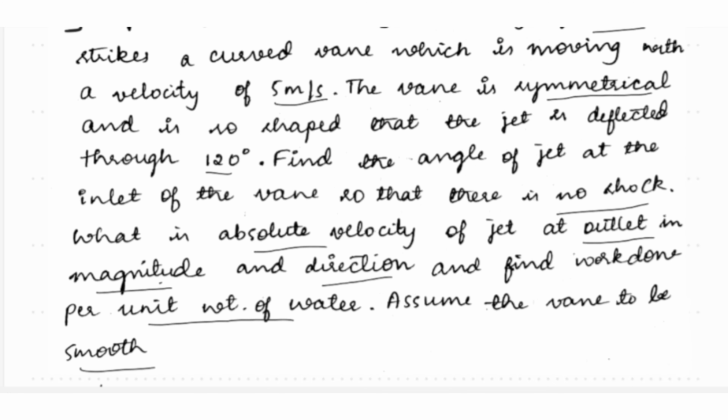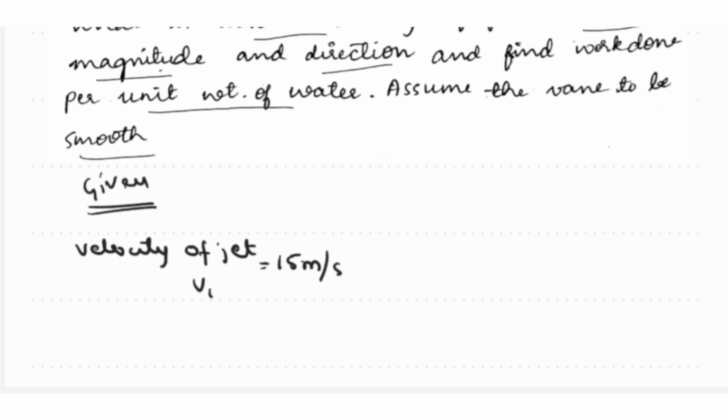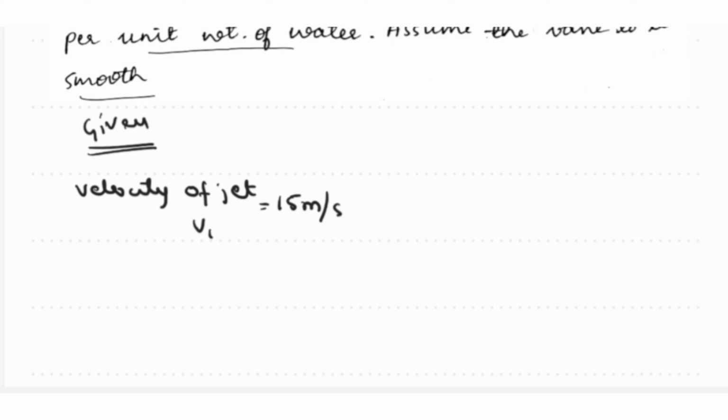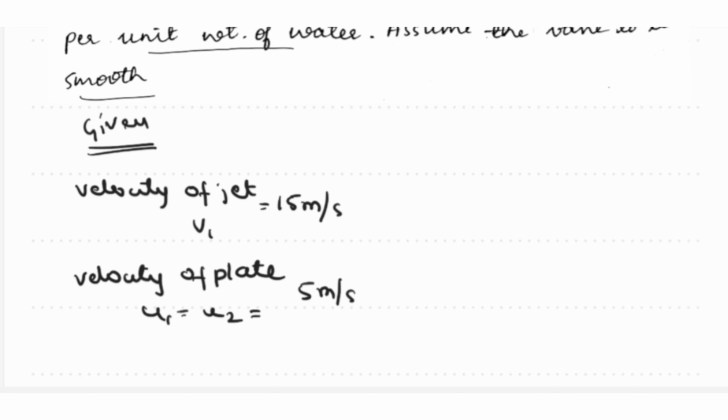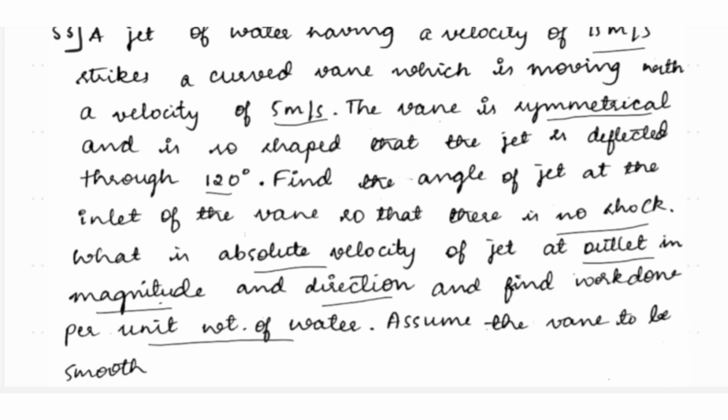The velocity of the vane is given as 5 meter per second. So that is velocity of plate, that is u1 is equal to u2 is equal to 5 meter per second.